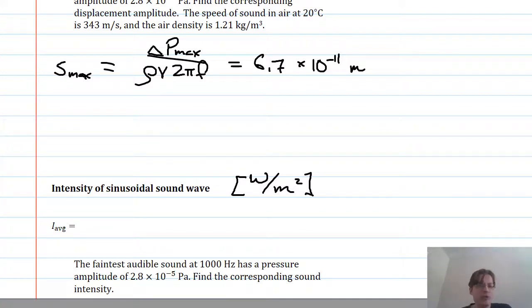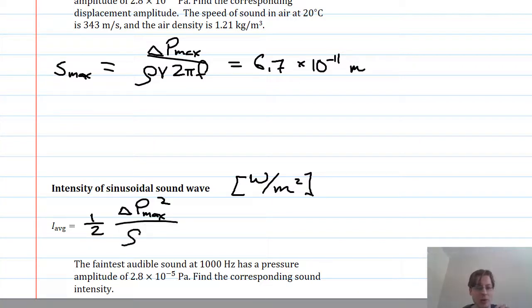It's an average of a sinusoidal wave, and we know that when you square an average, you get a half. So it's going to involve 1/2. And then you take delta P max, the pressure amplitude, and square it. As usual, the energy of a wave depends on the square of the amplitude.